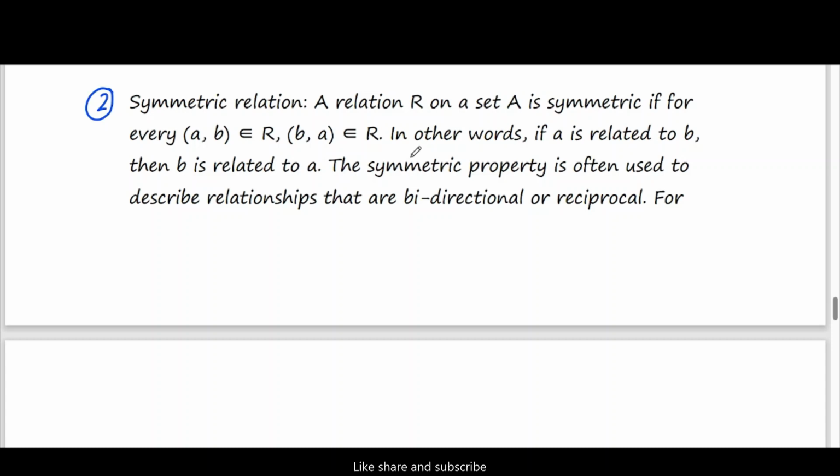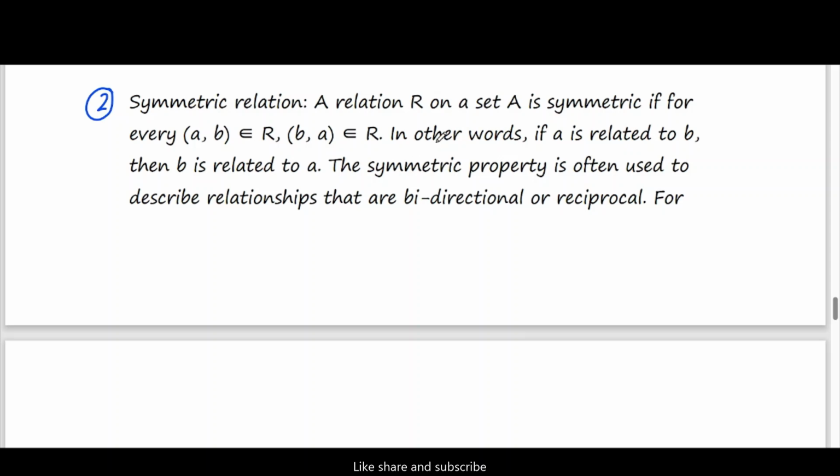Now see, what is a symmetric relation? A relation R on a set A is symmetric if for every (a, b) belonging to R, (b, a) should also belong to R. That is the meaning of this.